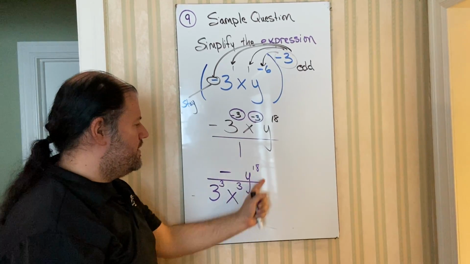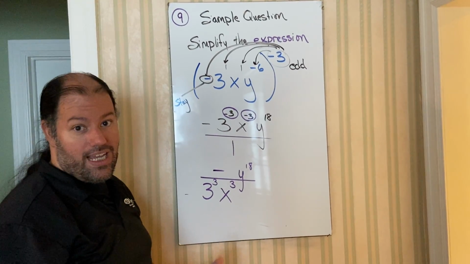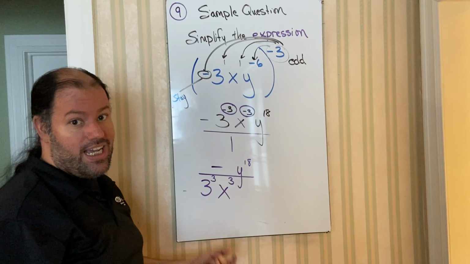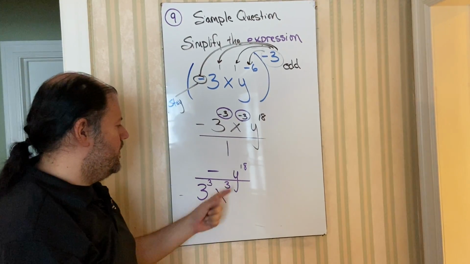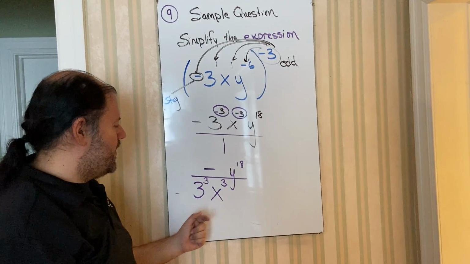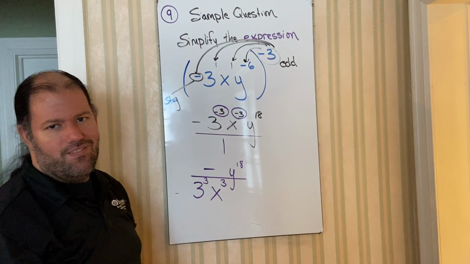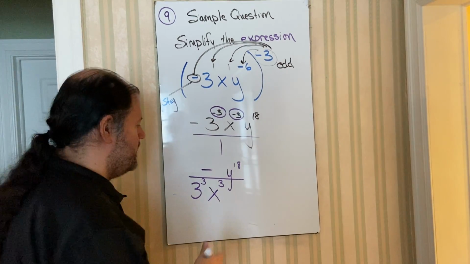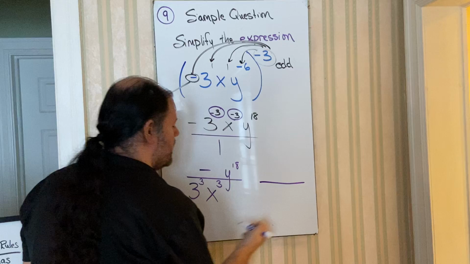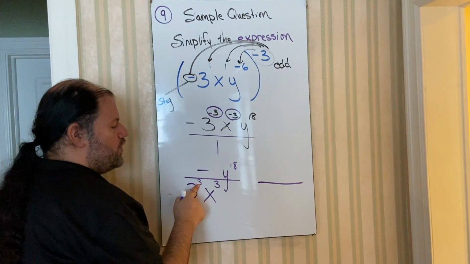Now we got this. We're going to see, do we have any like bases? Because if we do, we have to do those 2 questions for the product and quotient rule. I have a base of y, base of x, a base of 3. No. So I can skip that step and go to our final step, step 5. You know what 3 cubed is.